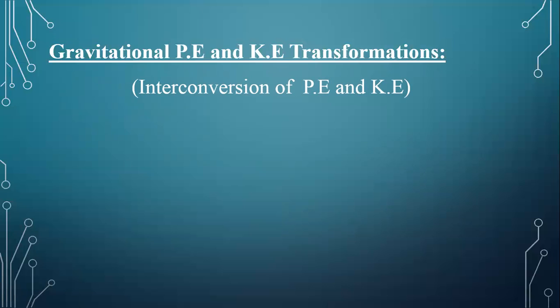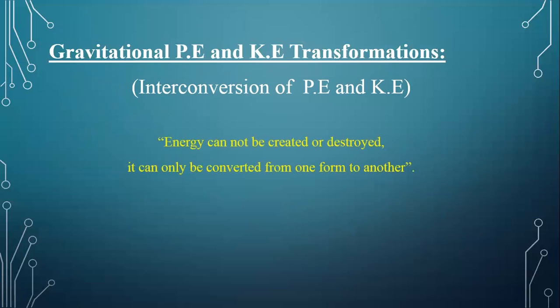For this purpose there is a statement: energy cannot be created or destroyed, but it can only be changed from one form to another. You can neither create energy nor destroy it; you can only change it from one form to another.